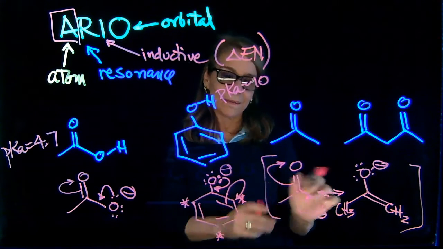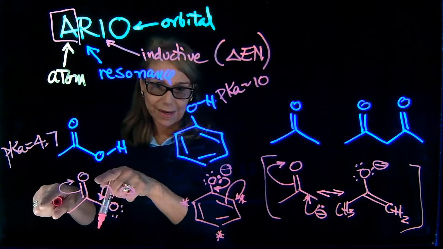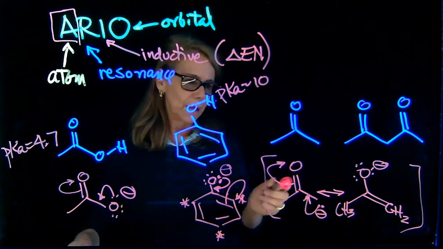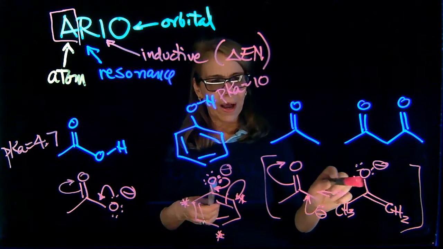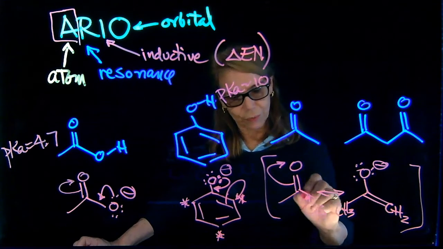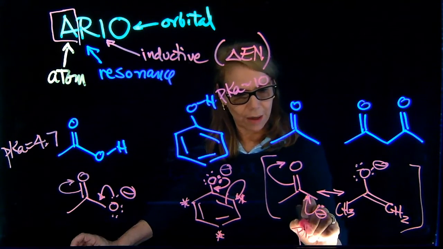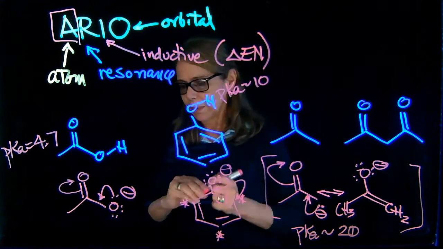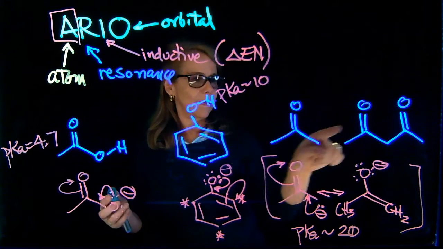But this is different from the previous example in which the two resonance structures have the charge on an oxygen. So it will be less acidic. And in fact, ketones have pKa's around 19, 20, something like that.